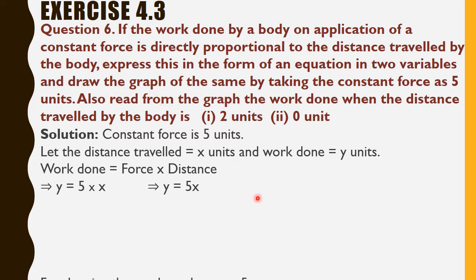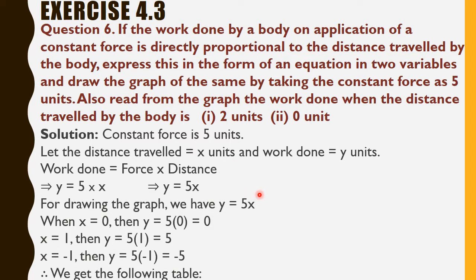To draw a graph, we have to find the coordinates which lie on the straight line y equals 5x. For that, let us take different values of x and we will get different values of the y coordinate. When x equals 0, we get y equals 5 into 0. Therefore, y equals 0.